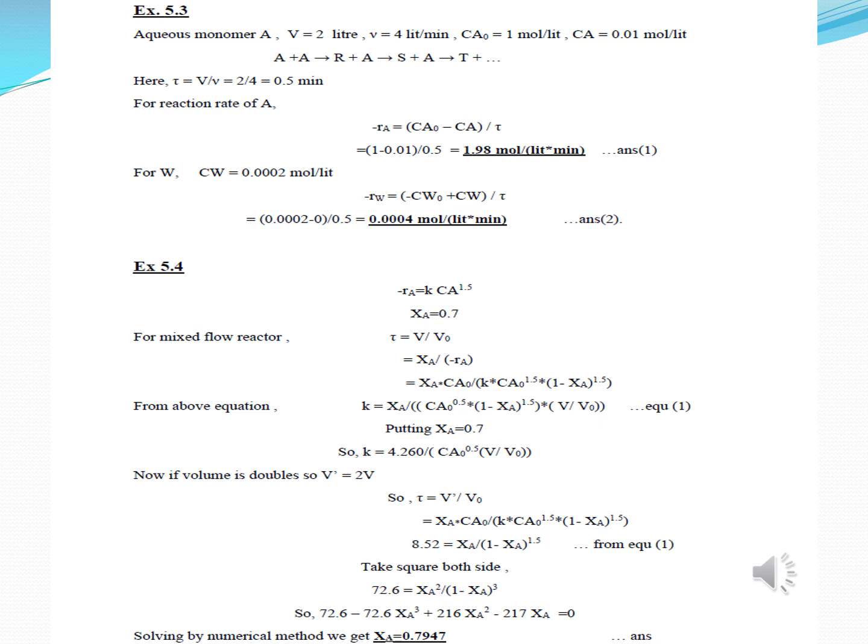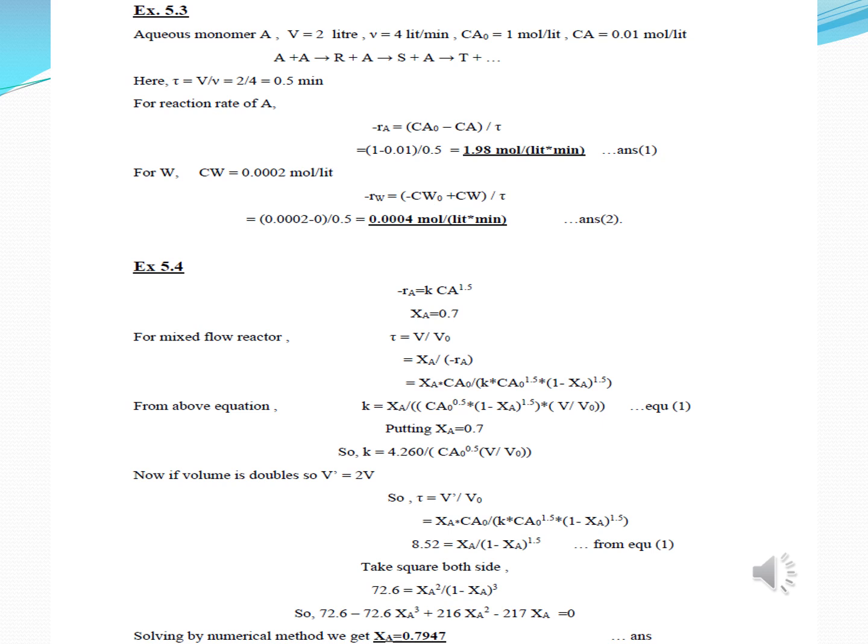If we solve this expression, in place of V prime we put 2V, and simultaneously use the expression of k derived earlier, we come up with the expression 8.52 Xa divided by 1 minus Xa to the power 1.5.